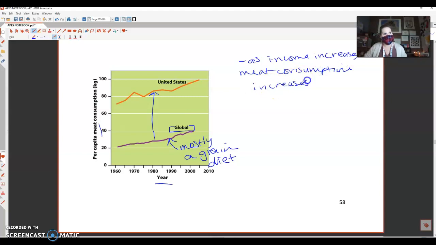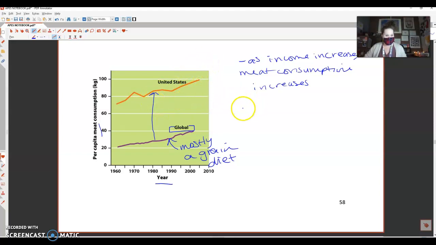I mean, obviously, eating meat, it takes longer for your body to digest, so it prevents you from getting hungry as quick as just eating rice, which is a grain.